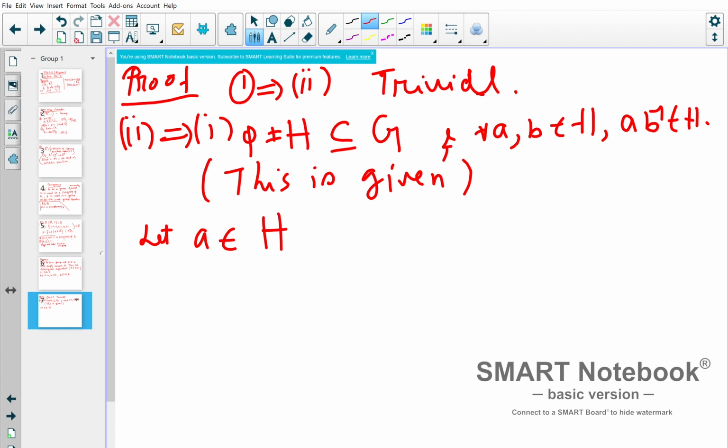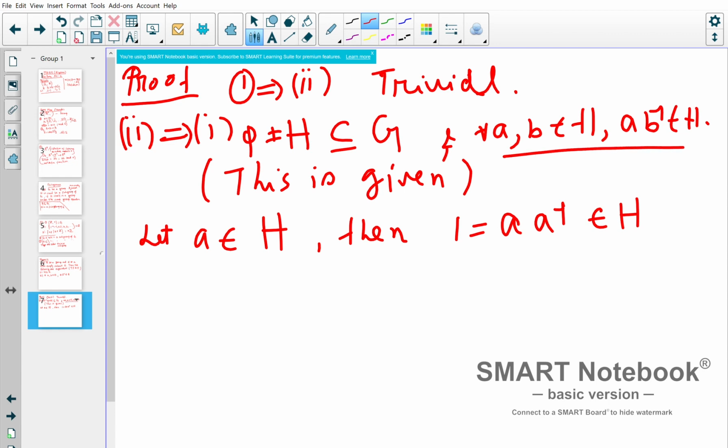Okay, and then this identity, which I am writing by 1, and this symbol A inverse is also an element of H, right, from this property, because A belongs to H, A belongs to H, then A times A inverse belongs to H, which is nothing but the identity.